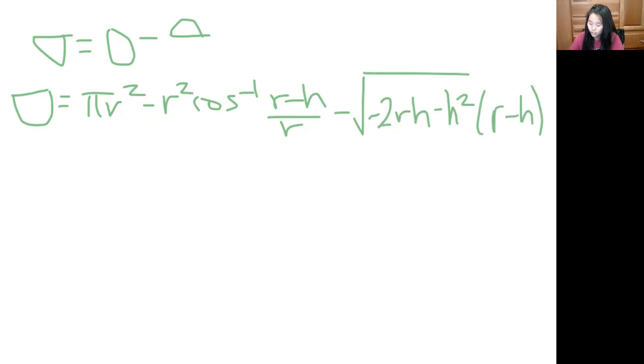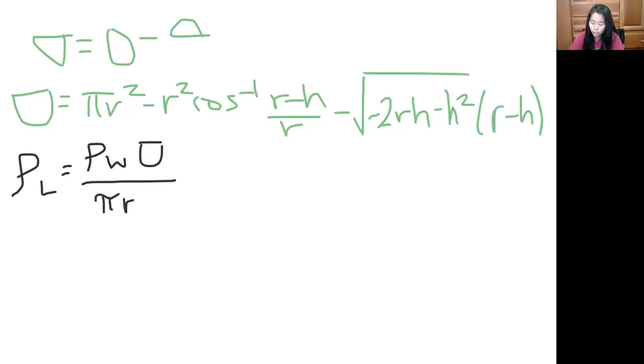Now we can rearrange the figure equation to get the density of the log. So the density of the log, which is known as rho sub L, is equal to the density of the water times the cross-sectional area of the water on the log over the area of the circle. So the equation is rho sub L equals rho sub W times the semicircle over pi r squared.